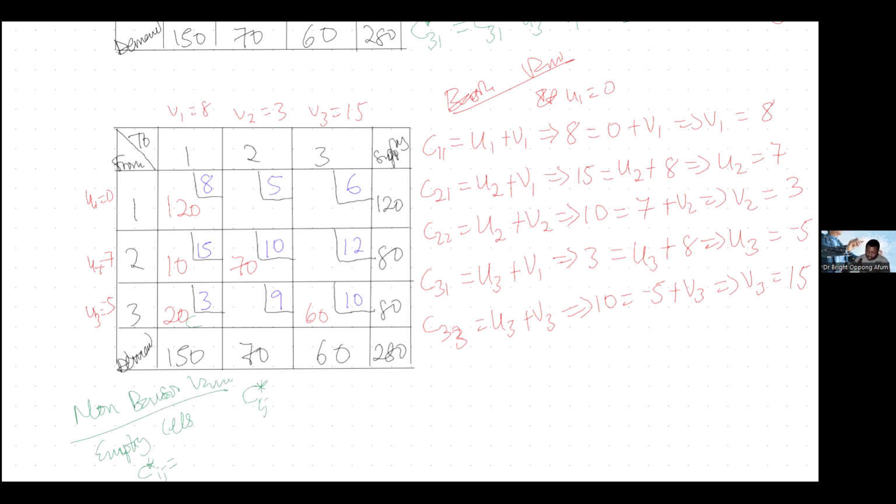It is c, the existing cij, minus ui minus vj.